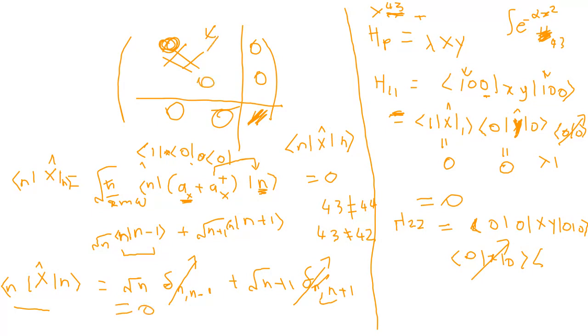So the only element that I can see being non-zero is this element here, and because it's symmetric, once you calculate this one, you know this one. So you only have to calculate something like H12, and also, if you want, you can check H21, and the other one would be H33. I think these are the ones that you have to check that are non-zero.